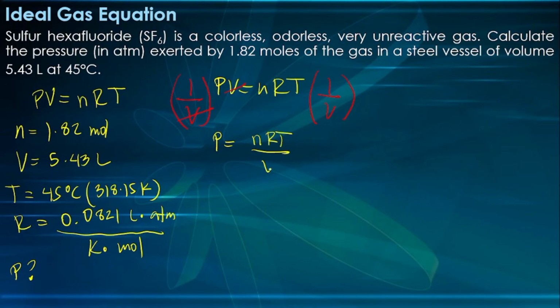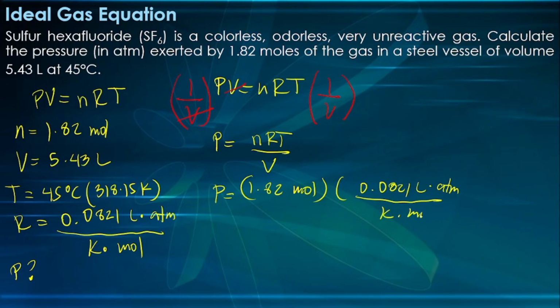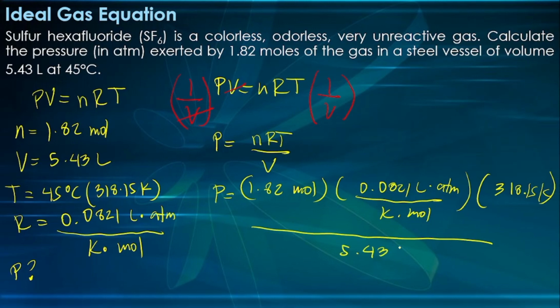Now let's substitute our values. For n, we have 1.82 moles times the value of R, which is 0.0821 liters times ATM over Kelvin times mole, times the temperature in Kelvin, 318.15 Kelvin, divided by the volume, which is 5.43 liters.